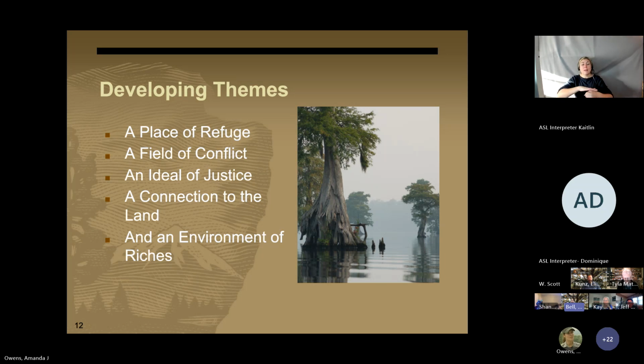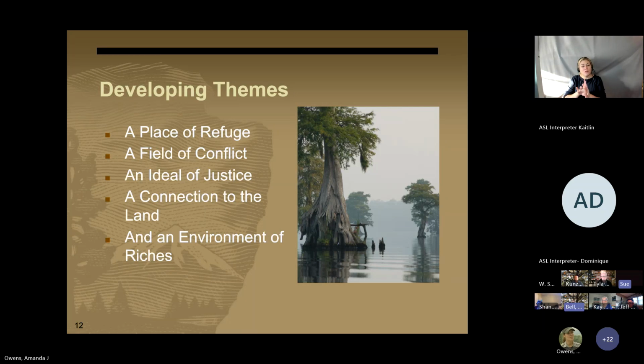A lot of people sought escape from enslavement here. There, of course, were many Native American tribes who flourished here and took advantage of the resources. It was also a field of conflict, from enslavement, from wartime, from displacement of Native Americans who had been on this land historically. And we're also seeing themes of justice in the Great Dismal Swamp.